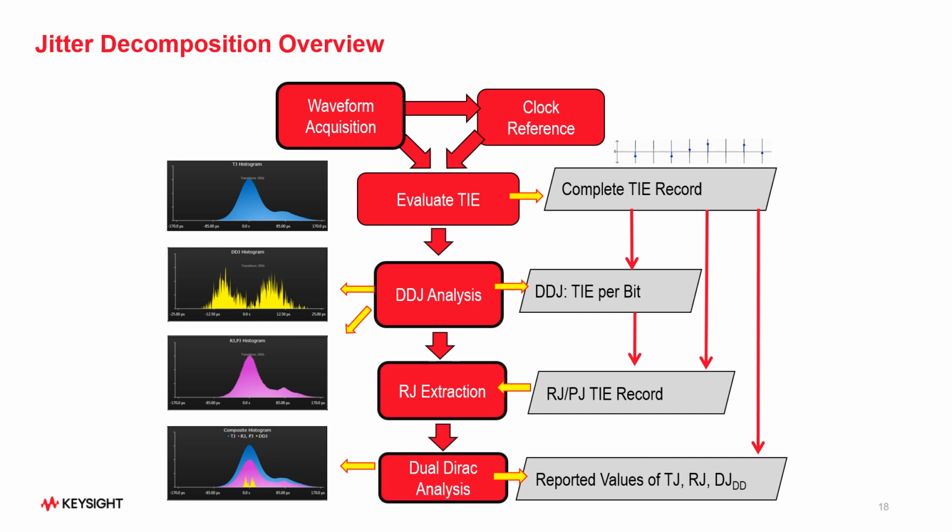So let's go through an overview of how jitter decomposition is done. When an oscilloscope acquires a waveform at the top right, it tries to recover the clock from it and then generates the reference clock. There are many ways to generate the clock. For example, it can use a first order PLL or a second order PLL, or there are many such ways to get there.